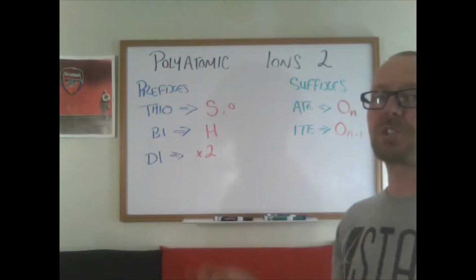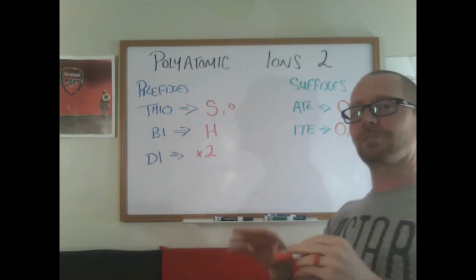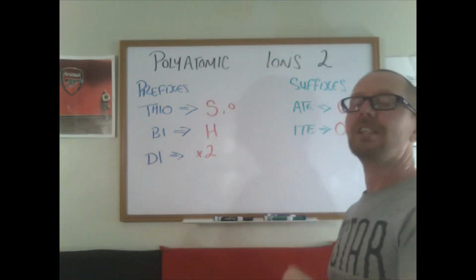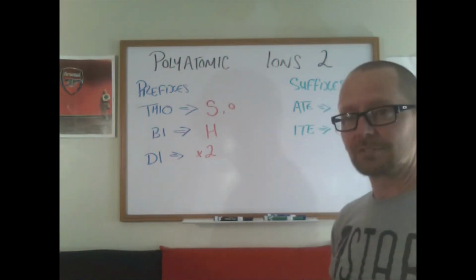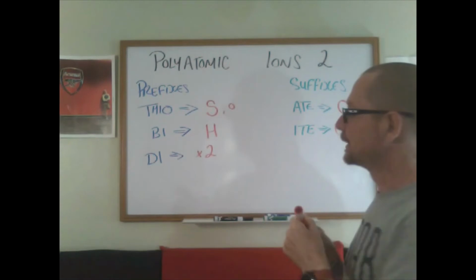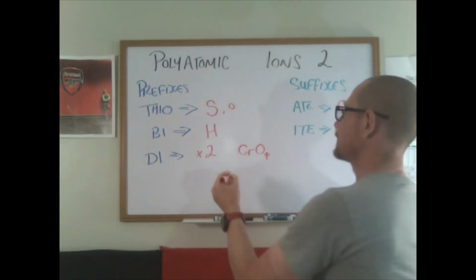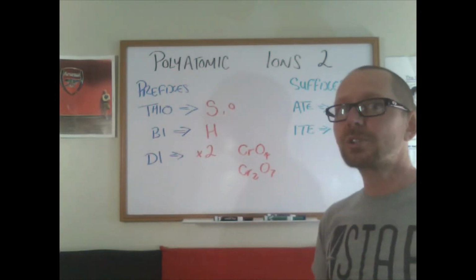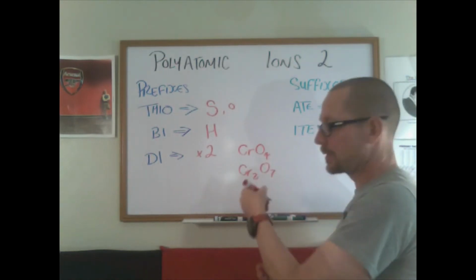It's like everything times 2, with exceptions. A chromate ion is CrO4, dichromate is Cr2O7. It's almost exactly double. That's what that di means. That's chromate, that's dichromate.